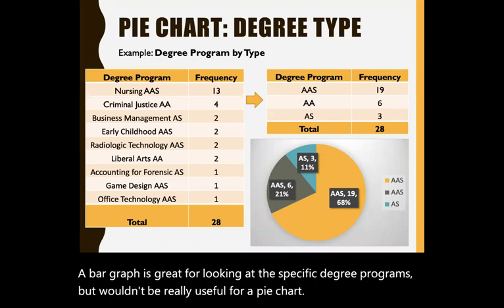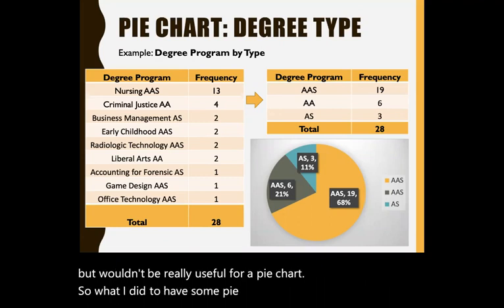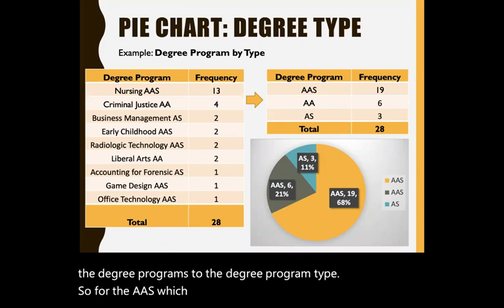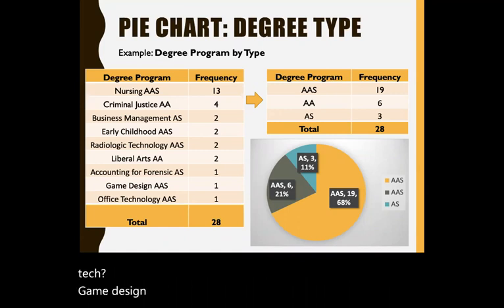So what I did to have some pie chart practice is I converted all of the degree programs to the degree program type. So for the AAS, which are the nursing, the early childhood, rad tech, game design, and office technology, I combined all of those as AAS degrees. And that came out to 19.